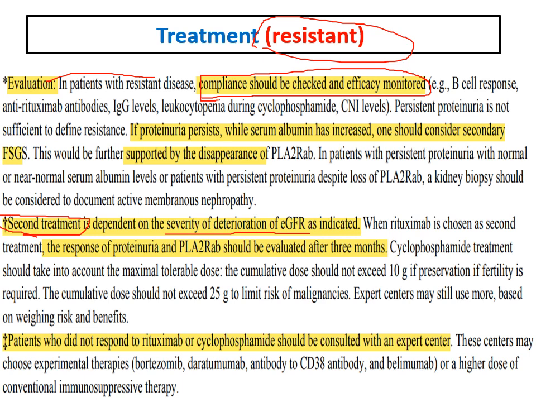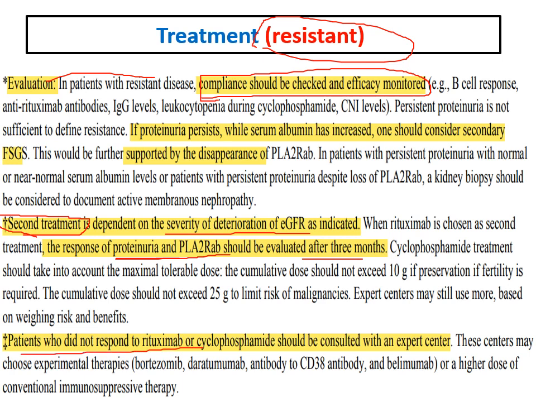If the GFR is maintained, we can use rituximab or CNI as a second option. If there is deterioration of GFR, cyclophosphamide is the option. And then we should check the response by proteinuria and phospholipase A2 receptor after 3 months.